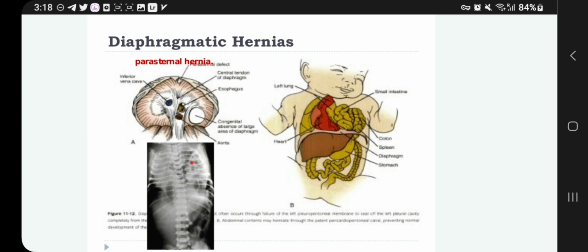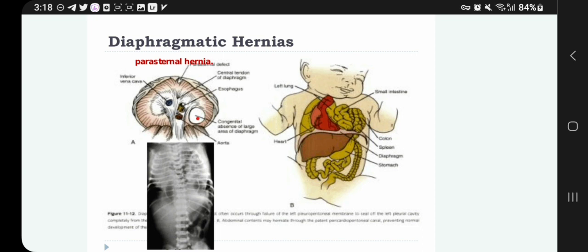And here you can also see a hernia. Look at the ribs of the embryo. They're not oblique, they're straight. Here, parasternal, that's a part of the diaphragmatic hernia. We have a hernia in the anterior between the sternum and diaphragm.